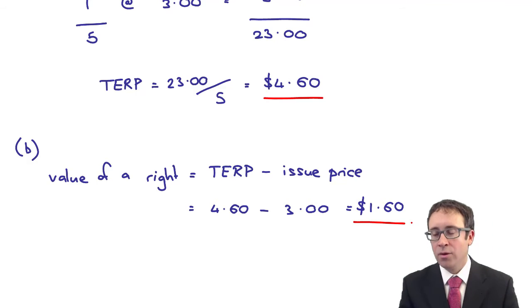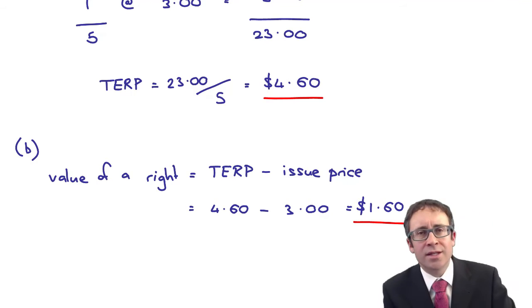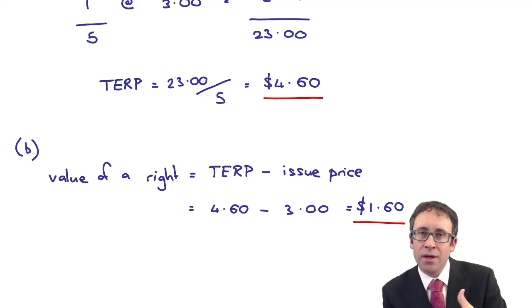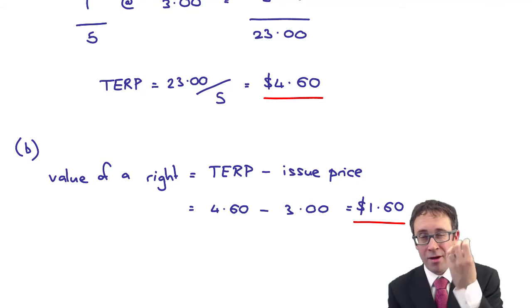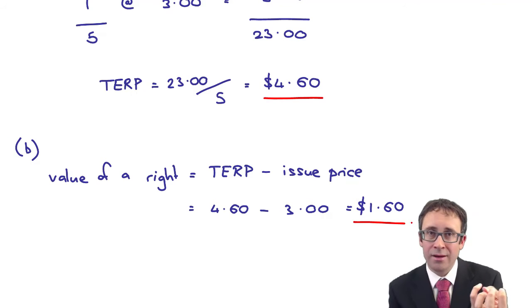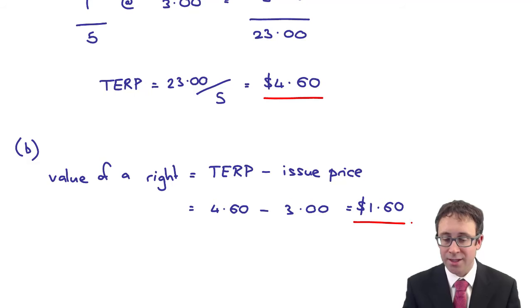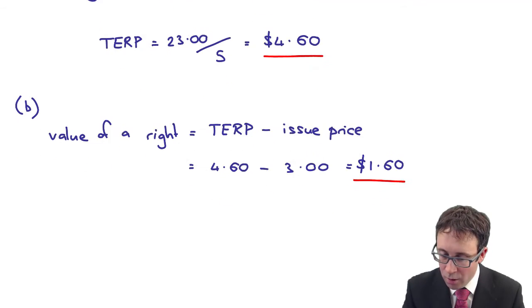If I entered into the transaction, I'd have a share of $4.60, wouldn't I? If I don't enter into it, I want to sell it to make sure that I've still got my $3 that I didn't spend, and a little bit more to get it up to $4.60. The difference between the issue price and the ex-rights price is the value of a right, and that is $1.60.